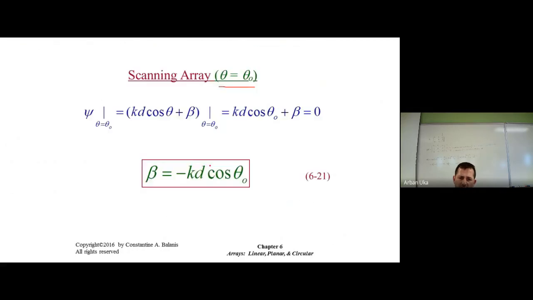If this is the case, cosine 60 is equal to 1 over 2. And if this is equal to 1 over 2 times k, it is 2 pi divided by lambda. Now it remains to choose the respective value of d.